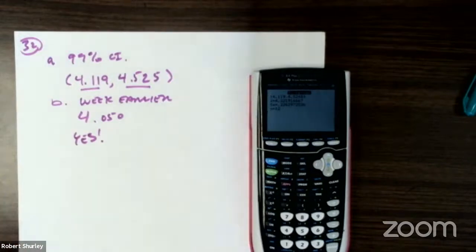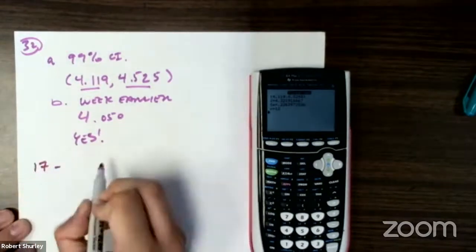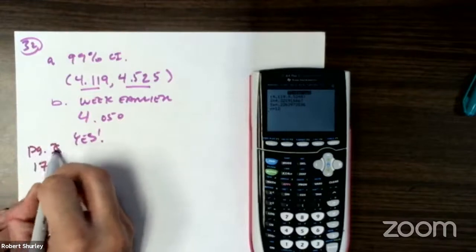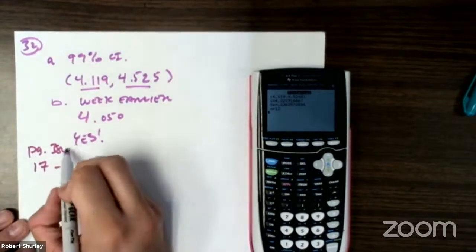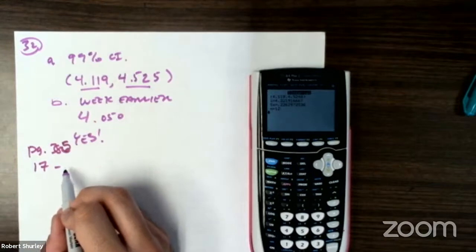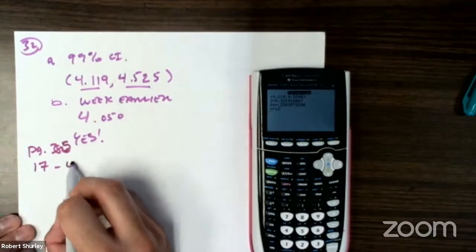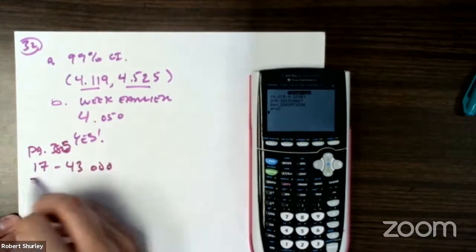For homework for this section, I want you to start on 17. This is on page 385, section 8.2. Start on 17 and go through 43 and just do the odds.